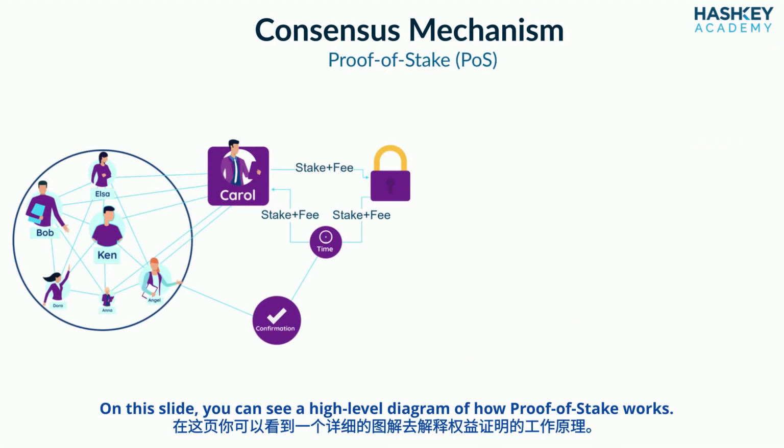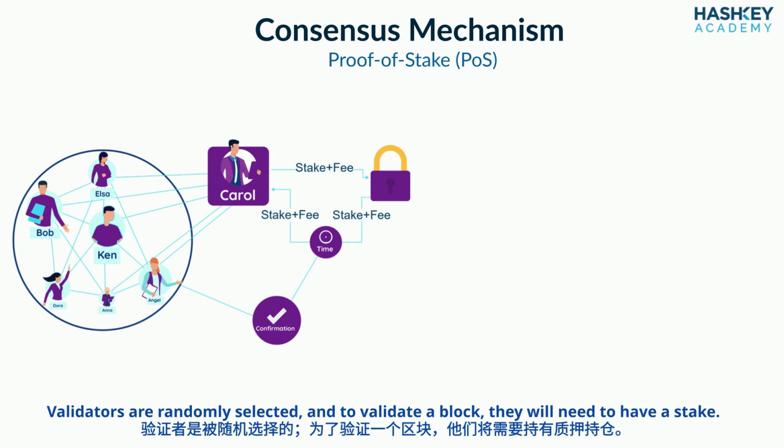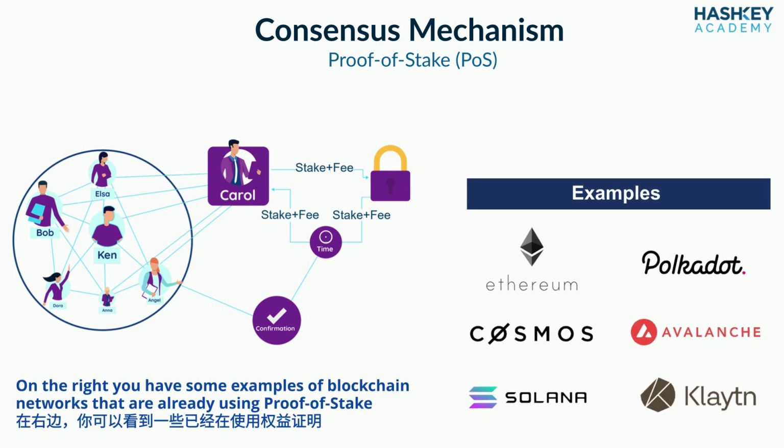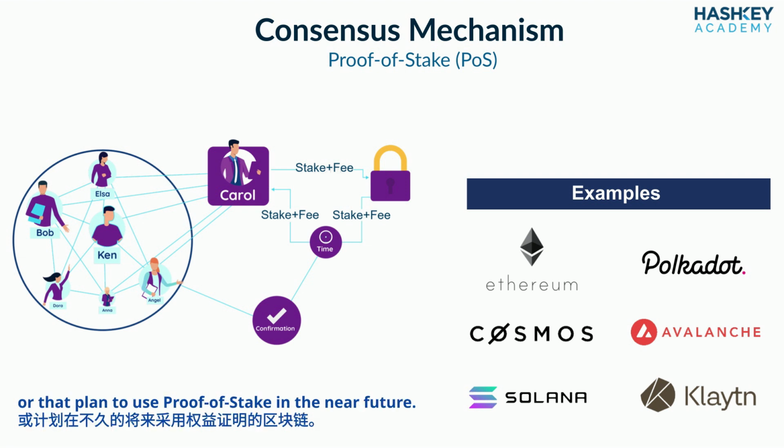In this slide, you can see a high-level diagram on how proof of stake works. Validators are randomly selected, and to validate a block, they'll need to have a stake. On the right, you have some examples of blockchain networks that are already using proof of stake or that plan to use proof of stake in the near future.